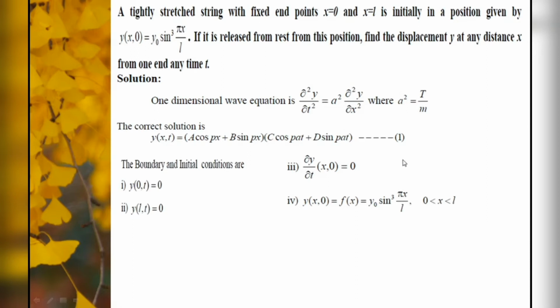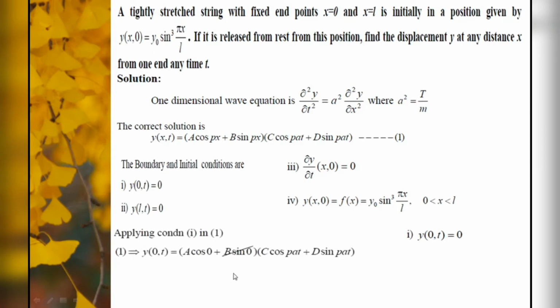Now in equation 1, we are going to apply these boundary conditions one by one. Let us take the first boundary condition, y of 0 comma t equal to 0. In equation 1, we substitute x equal to 0. When we do so, it is (A cos 0 plus B sin 0) into (C cos pat plus D sin pat).